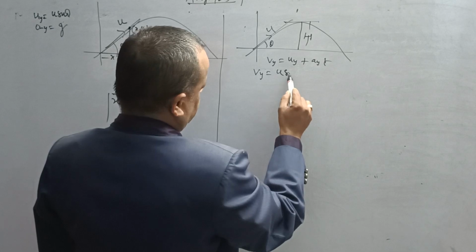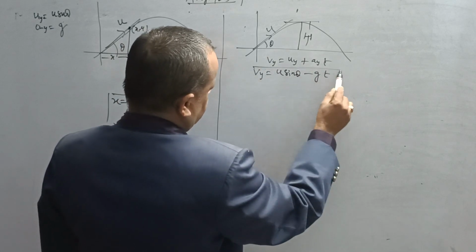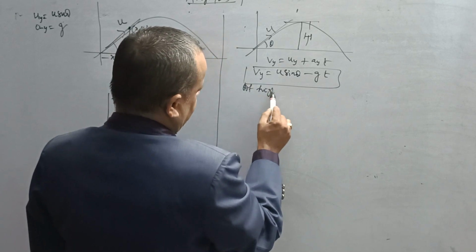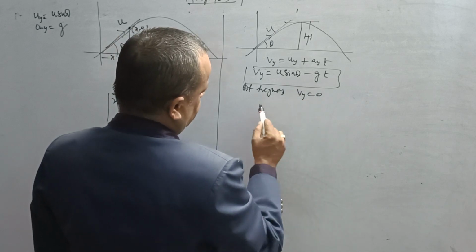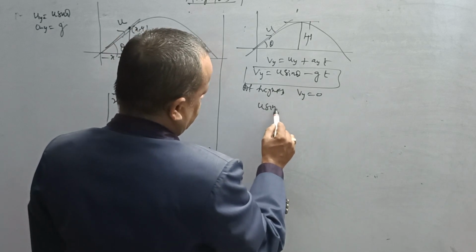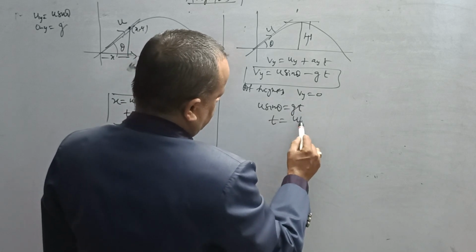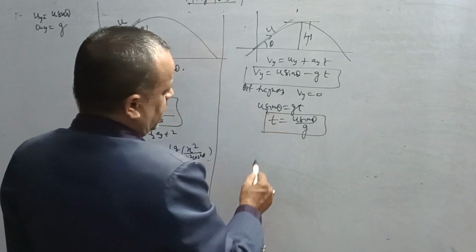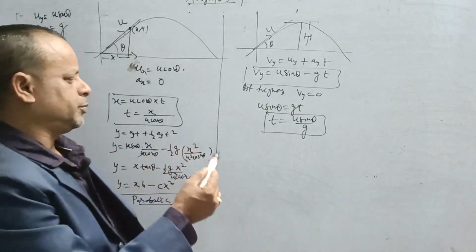Vy is u sin theta. It is going upward. See, at the highest point, the velocity component Vy has become 0. So we have u sin theta minus gt equal to 0. T is what? u sin theta by g. See, it is the time taken by the projectile to reach the highest point.